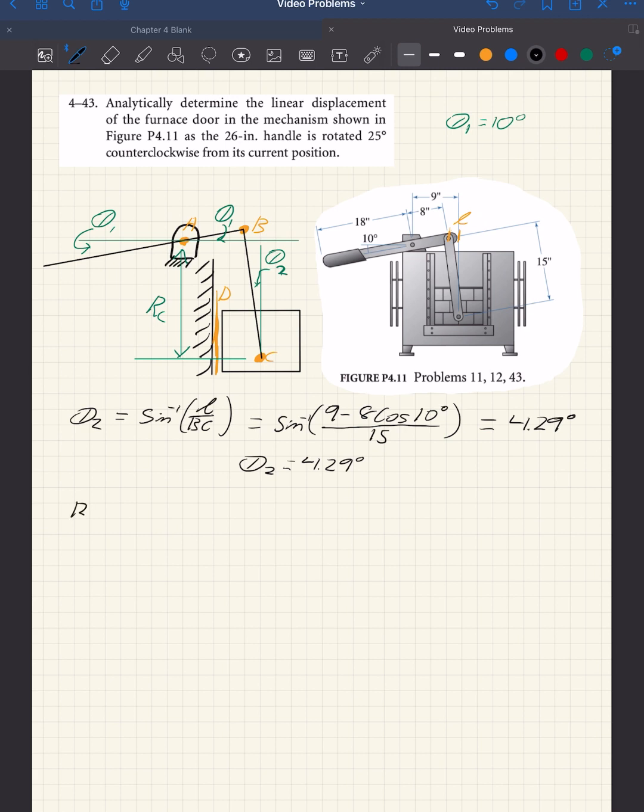So RC is equal to BC cosine theta 2 minus AB sine theta 1.